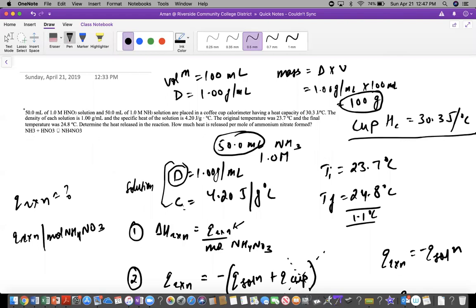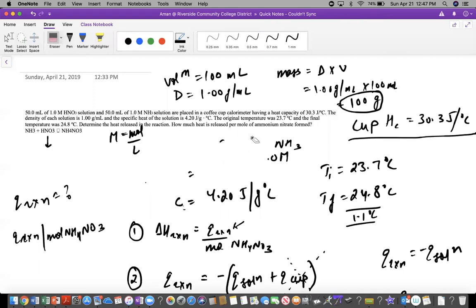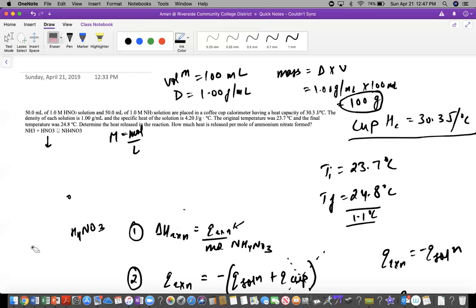We are given 50 mL of 1 molar HNO3. How do you find moles from molarity and volume? Molarity is moles per liter, so molarity times volume in liters equals moles.